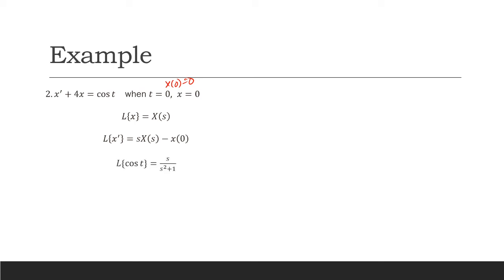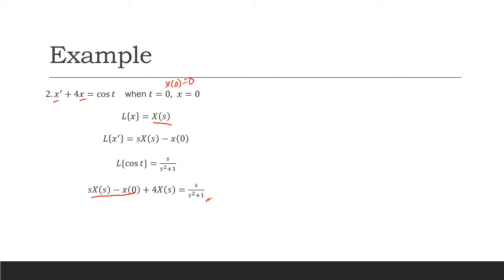All of these come from our table. Plugging in, we have x prime, that is s X of s minus x of 0, then 4x, that is 4 X of s, and cosine t, that is s over s squared plus 1.